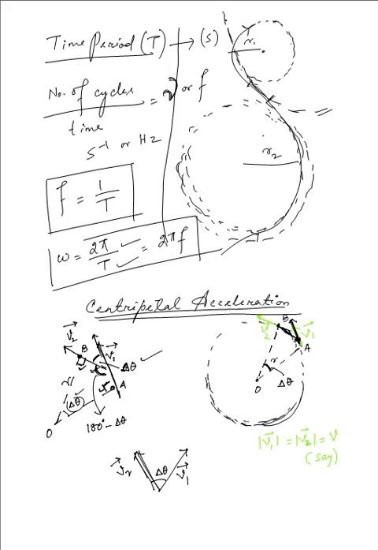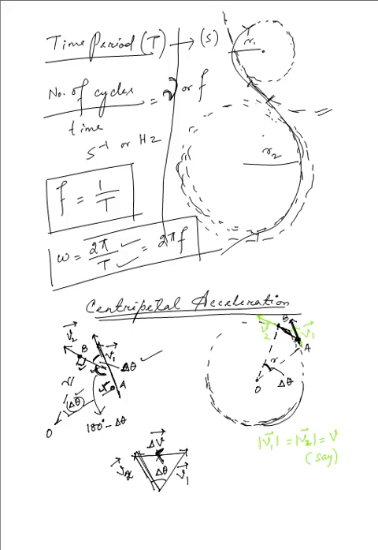Now if we see this as del V, as it is moving from V1 to V2, del V is the change in velocity from V1 to V2. So from the triangle law, as you can see, V1 plus del V is equal to V2.